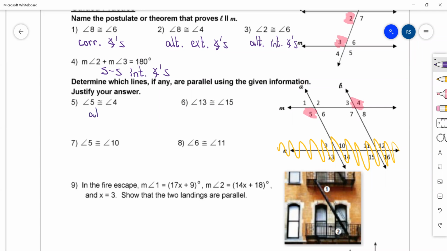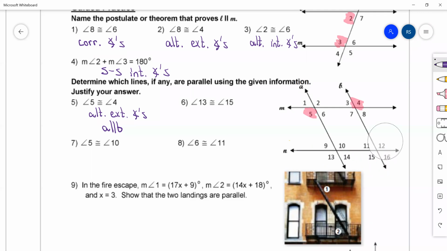These are alternate exterior angles, and they're congruent. So what 2 lines have to be parallel? Don't tell me M and N. We're ignoring N. That's why I scratched it out. It doesn't exist right now. A and B. A is parallel to B.